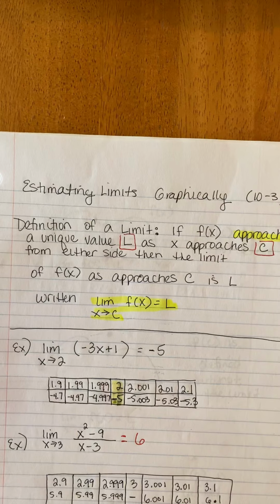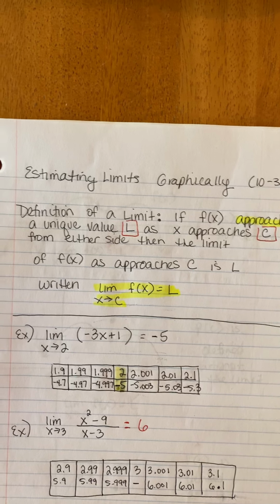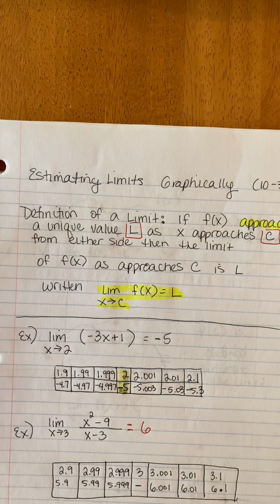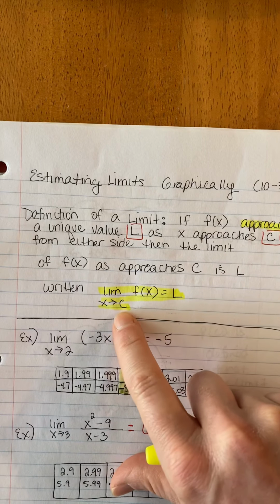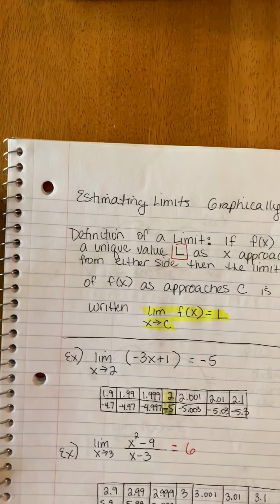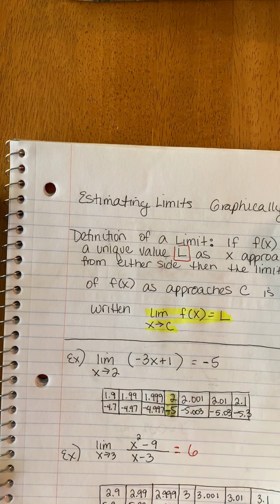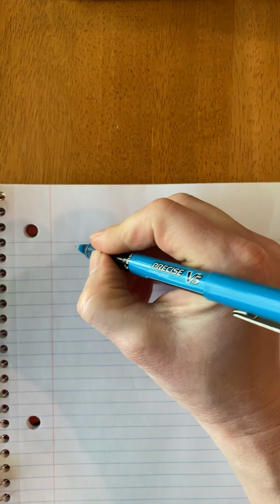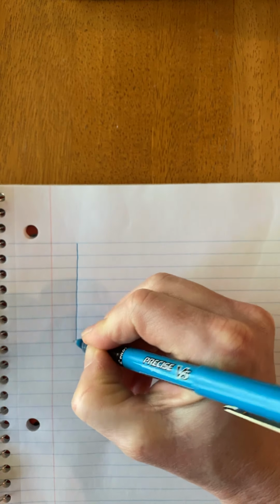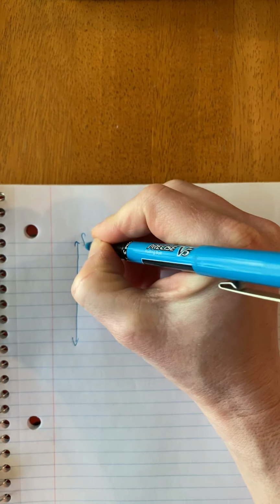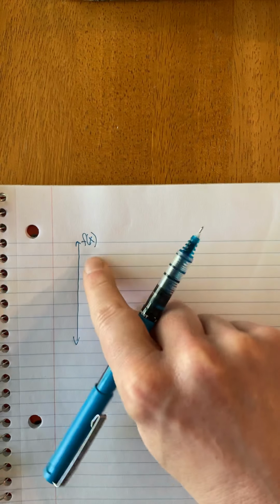I know that there is a lot to sort through there, but I thought I would give you a visual of what c and L mean. The first thing to note, and I'm going to draw this on a different piece of paper, is that if I'm looking at a picture of a graph, f of x represents the y-axis.